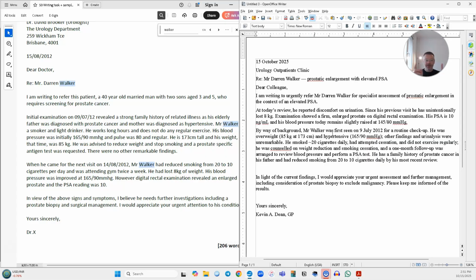Now, look at the other one, at the sample. It's got it the wrong way around. It's written like a chronology. That's not how urgent referrals work. Initial examination, real strong family history, related illness, elderly father, mother was diagnosed, Mr. Walker's a smoker.